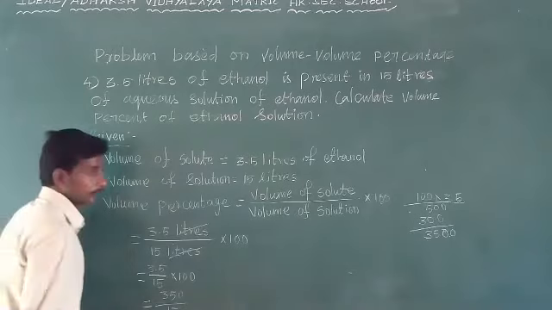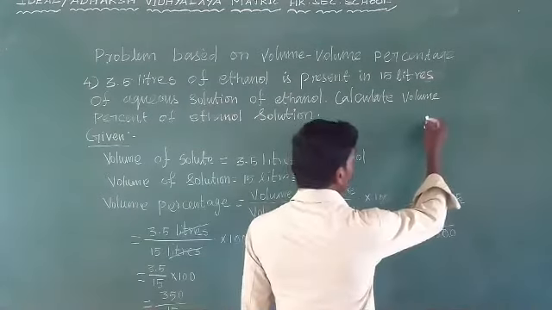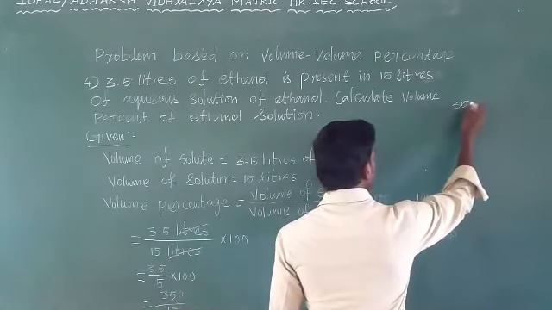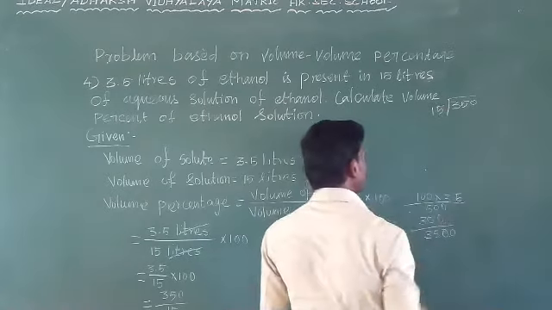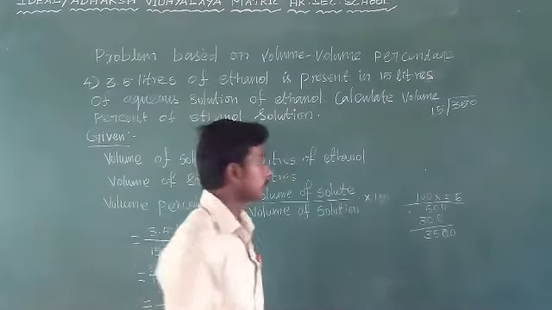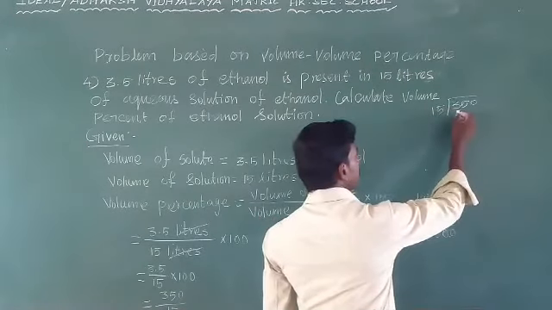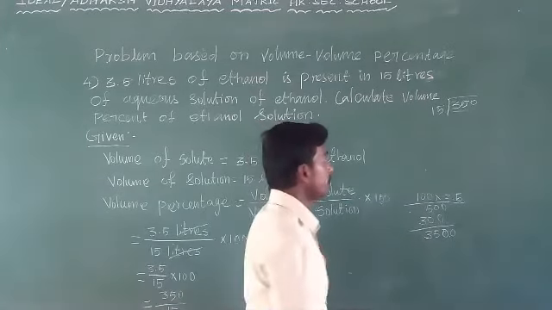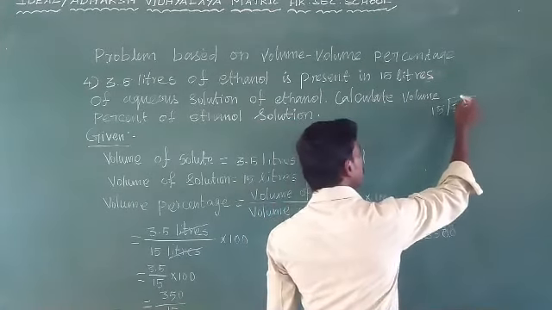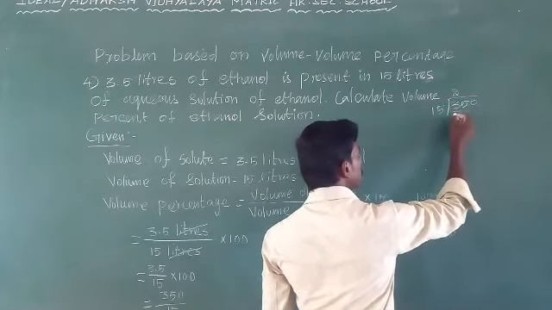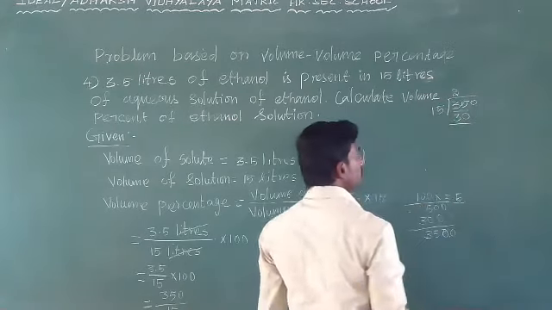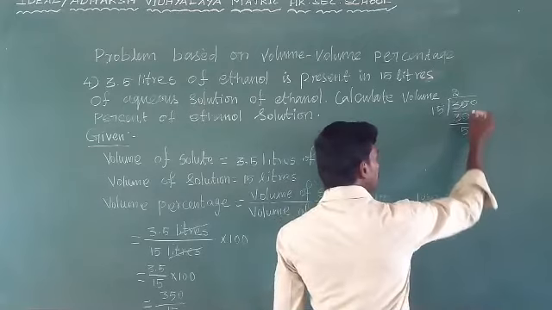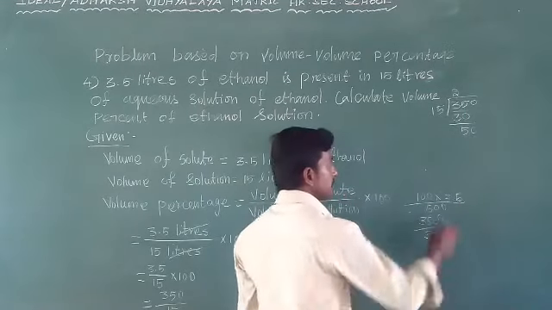To divide 350 by 15: in 35, two 15s are present. 2 into 15 is 30, remaining 5. Adding a 0, we get 50.